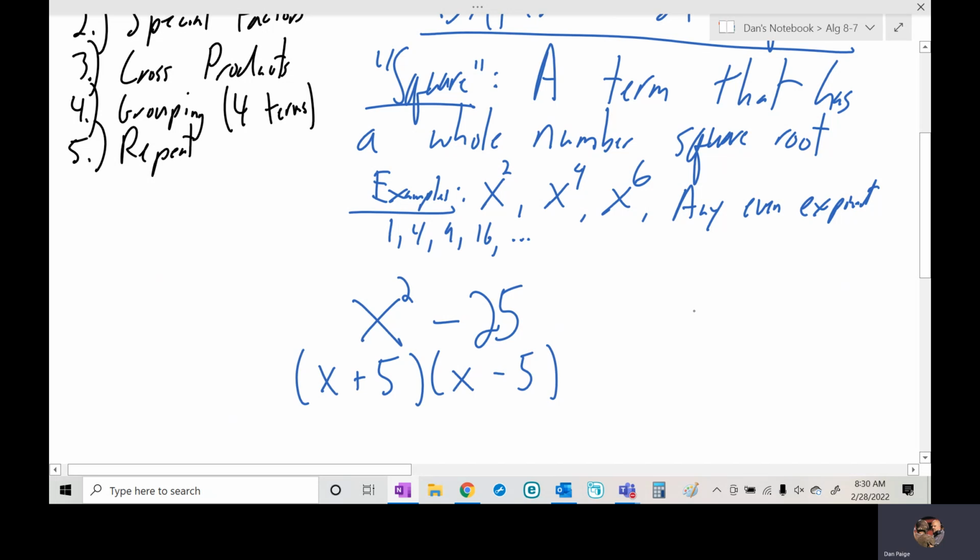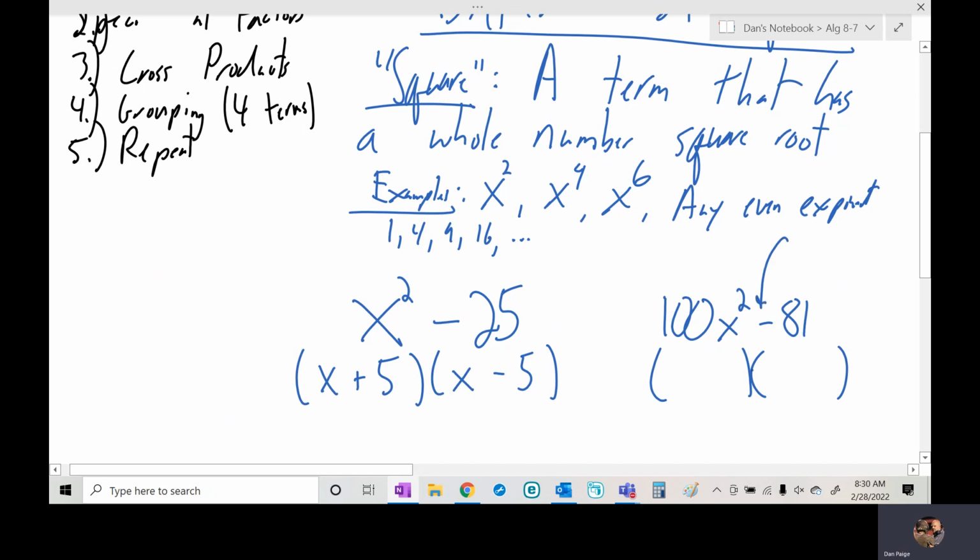Here, let's try another one. Let's get as crazy as it could possibly be. 100x squared minus 81. First off, is it a difference of squares? Is 100 a perfect square? Is x squared a perfect square? Is 81 a perfect square?